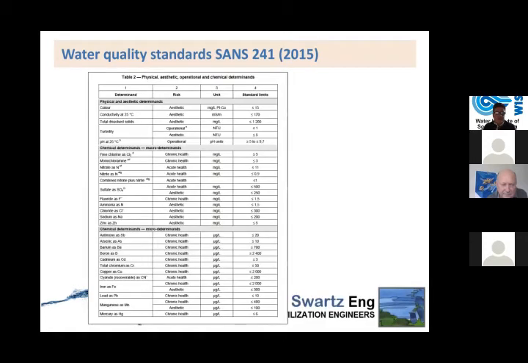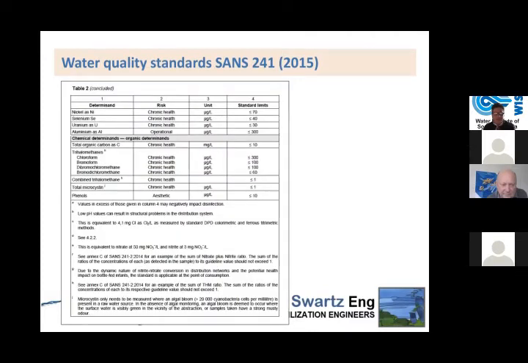There's also lists for the chemical, physical determinants, grouped under micro and macro determinants, physical and so on. So things that are important is your conductivity, which is your measurement of the salinity of the water, turbidity, which is a major operational parameter for controlling your water treatment plant. And then the other ones are your metals and your salts and so on, which we will discuss just now as well.